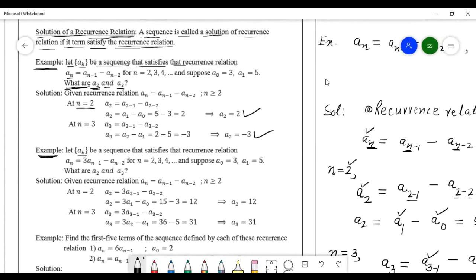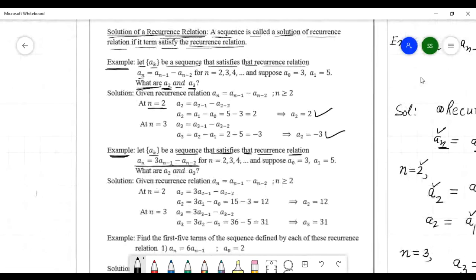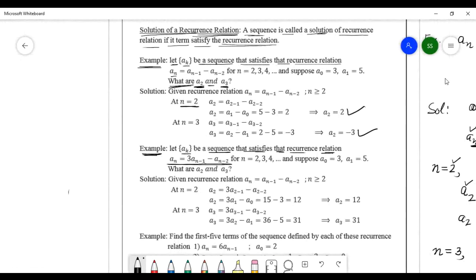This is the sequence AK, a sequence that satisfies the recurrence relation. Sorry, yes, this is the recurrence relation. Let me write here the recurrence relation. Example.